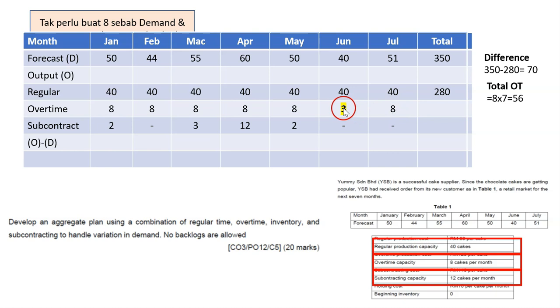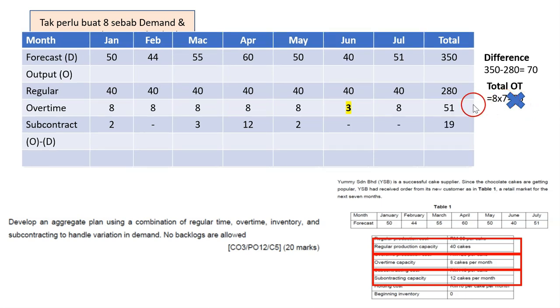So we have 3, and then we don't actually need all the 8 times 7. The new total is 51 only: 8 plus 3, and we get 51. For subcon, we add up and get 19. When we add the subcon and the overtime, we get 70, so it can fulfill the difference.